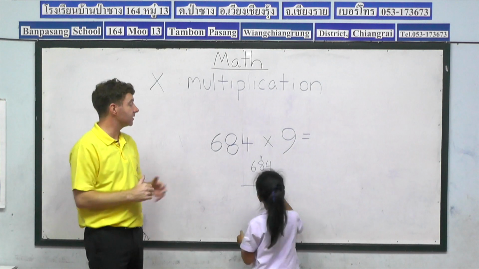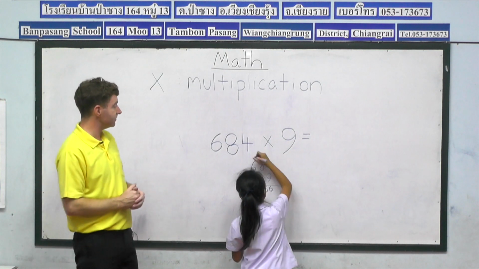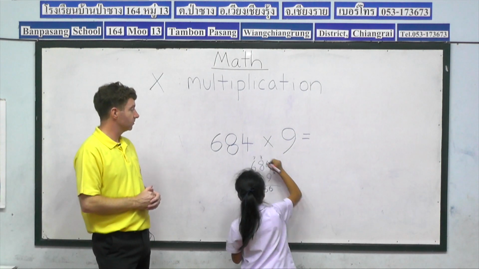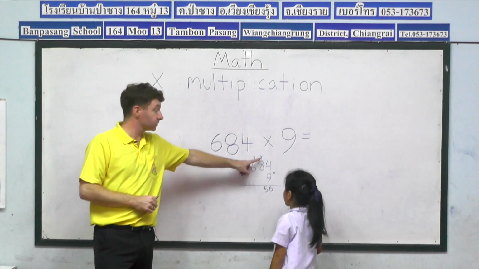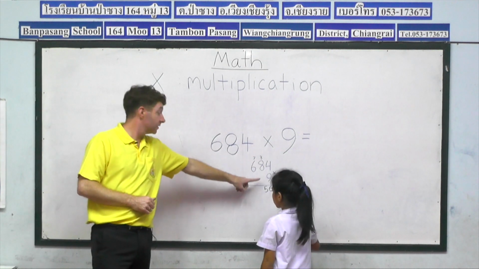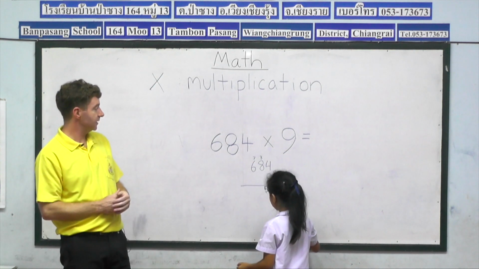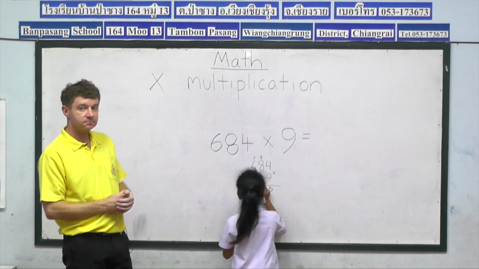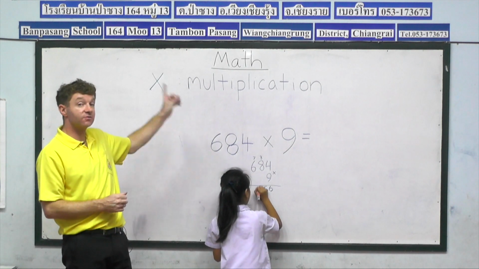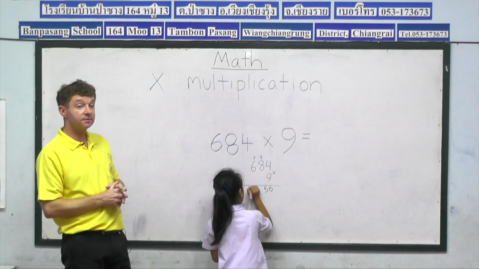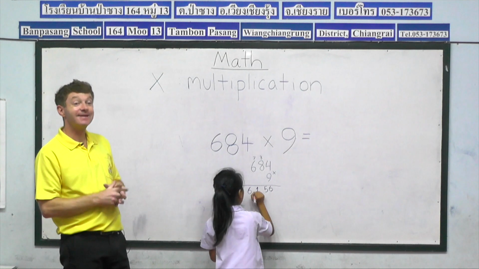Write the 6, carry the 3. 9 times 8? 72 plus the 3 we've carried over. Drop the 5, carry the 7. 9 times 6? 54 plus the 7 we've carried over. 61.